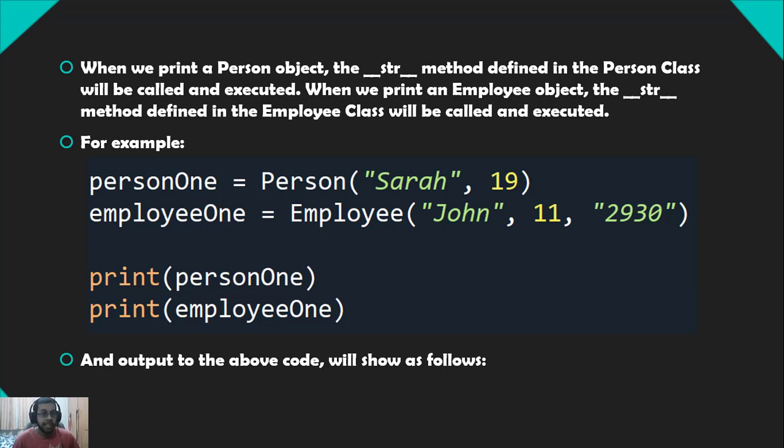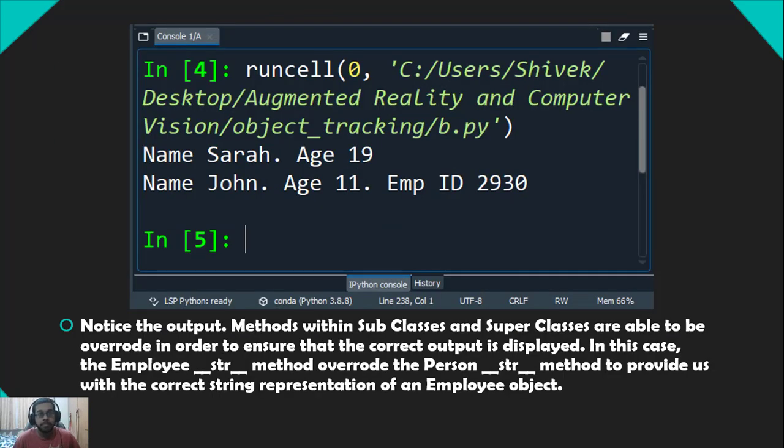For example, person1 is equal to Person("Sarah", 19). Employee1 is equal to Employee("John", 11, 2930). Print person1, print employee1. And the output to the above code will show as follows. Name Sarah, age 19.